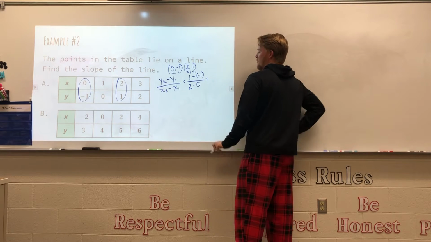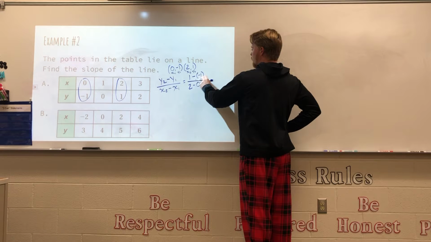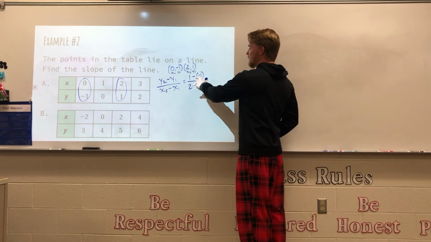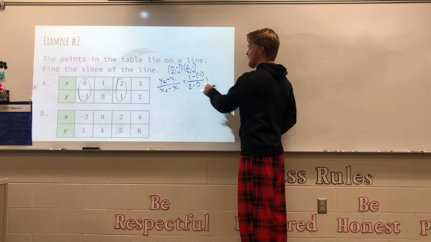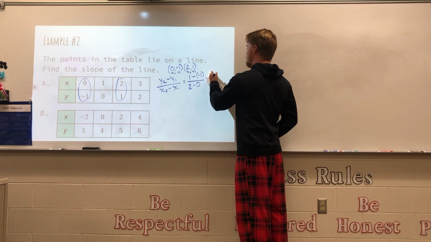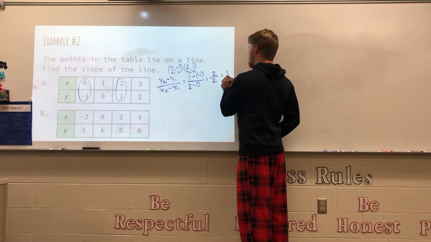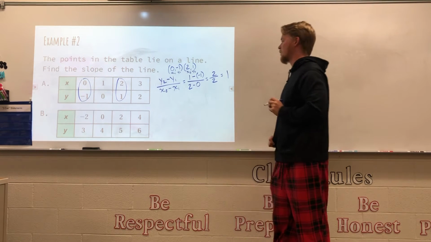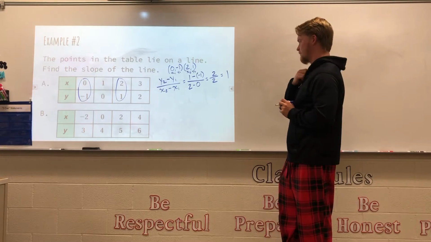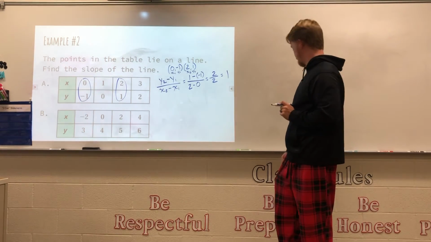Then we simplify top and bottom. 1 minus negative 1. Remember, back-to-back negatives is the same as a plus, so this is 1 plus 1 is 2, over 2 minus 0 is 2. And we simplify that. 2 divided by 2 is just 1. So our slope of table A is just 1.